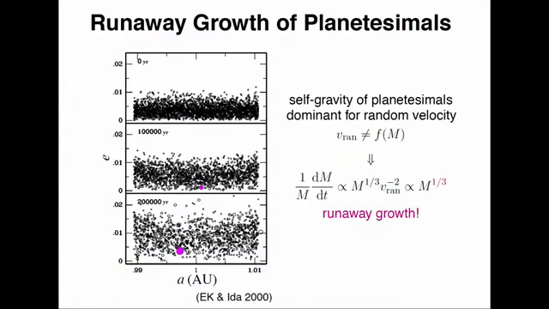In this case, V random is independent of M. So then we have this positive dependence of the relative growth rate on mass, which shows that the growth mode is runaway. We can also say in this way, at least in the linear stage, where the back reaction of this growing body to the field planetesimals is negligible, we can have this runaway growth.